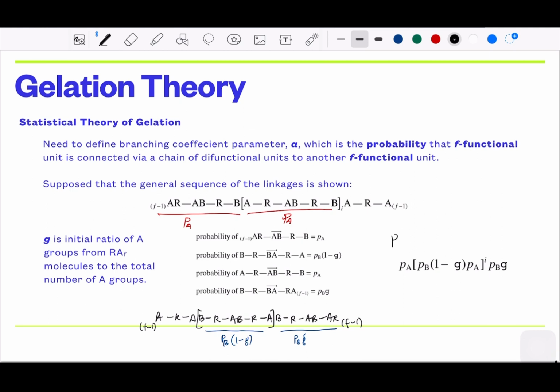So this is the probability of the sequence. Okay, that's the probability.